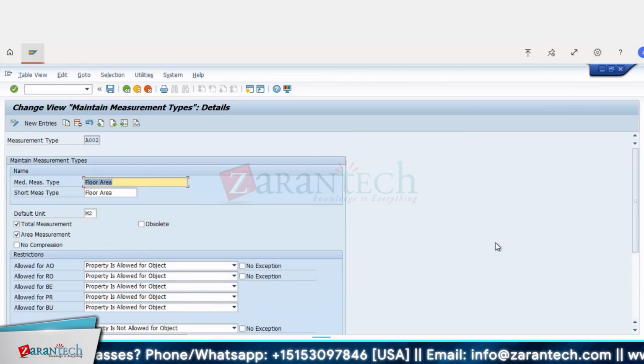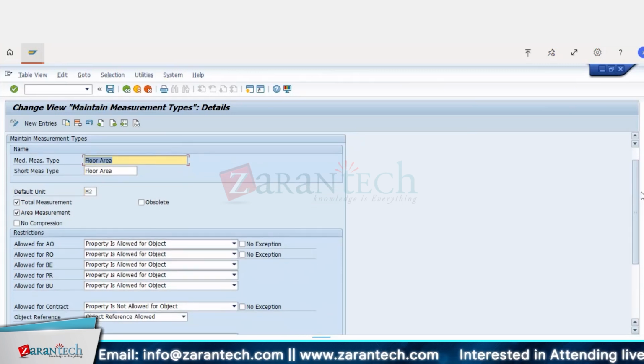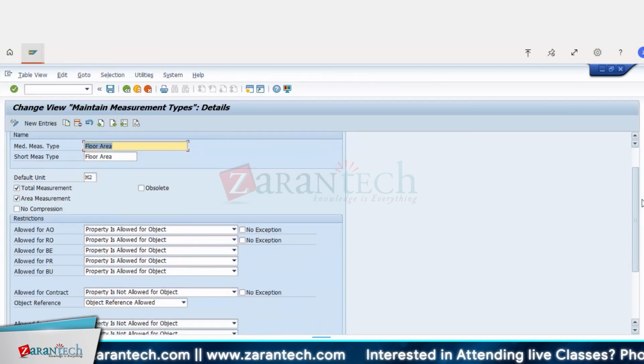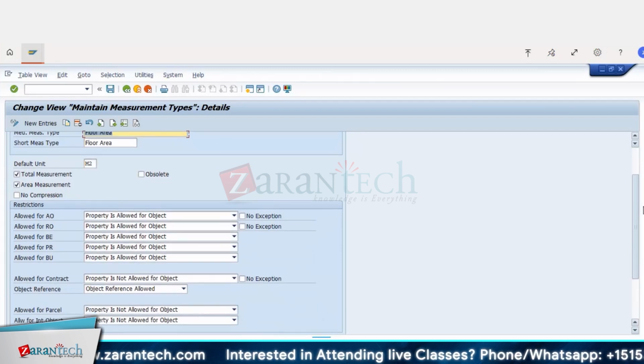Okay, so define measurement type is fine. Now we'll go to define total measurements. So everything is allowed. Why are you not getting it then?